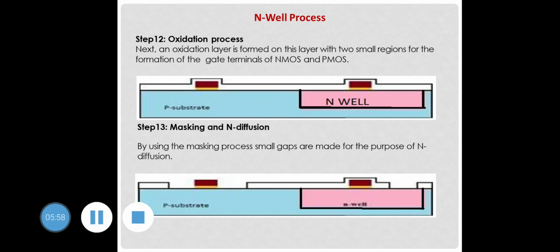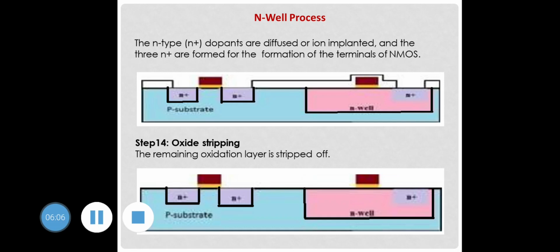By the masking process, small gaps are made for the purpose of N diffusion. You can see here. In the N diffusion, N dopants are diffused or ion implanted, and the three N plus layers are formed for the formation of the terminals of NMOS, as you can see here.